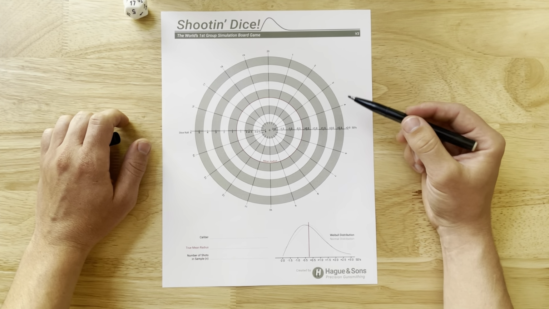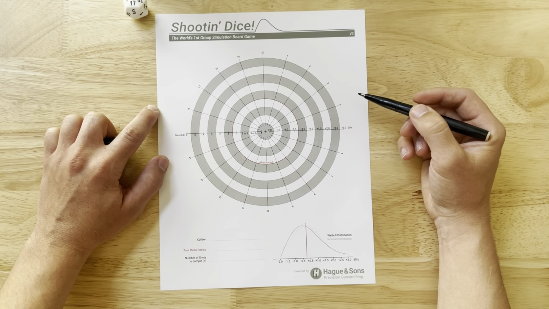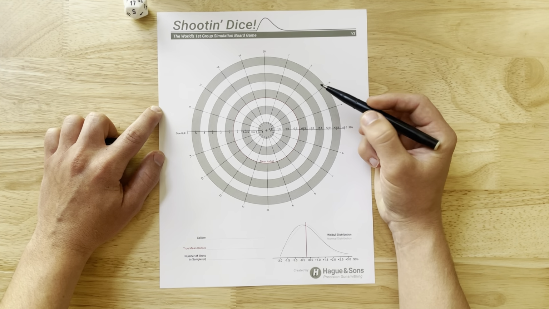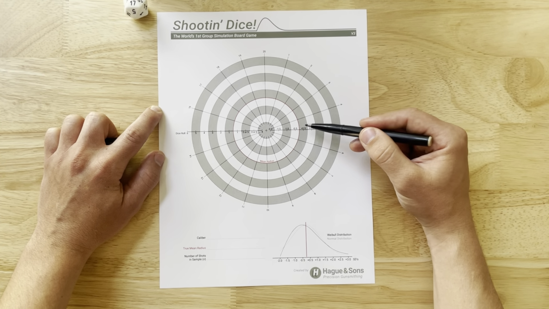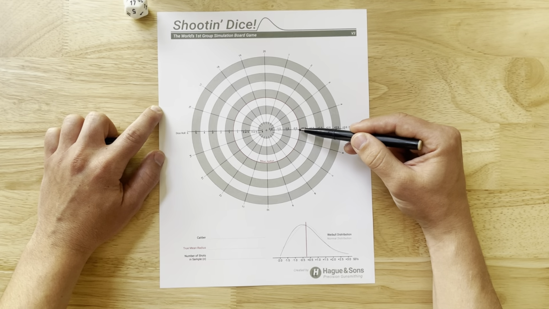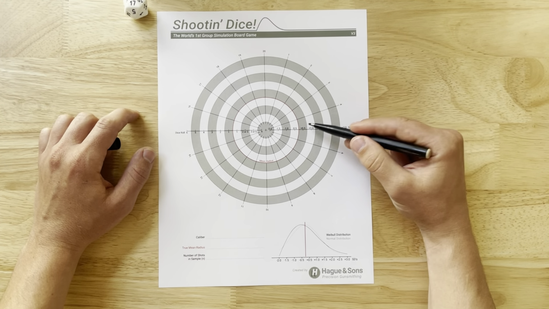So in this board, we have our group center and we have our mean radius. And that mean radius is 2 standard deviations away from the group center. And then the rest of these rings are between 0 and 3 standard deviations away from the mean radius.